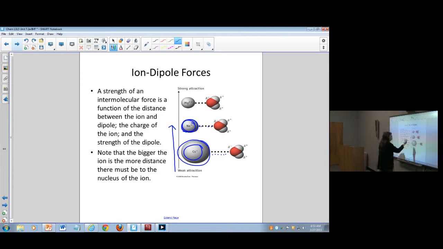It's also stronger with magnesium, which is in group 2 and period 3. It's a little bit smaller, and it can get even closer to the water molecule. So ion dipole forces increase with decreasing size. It gets stronger with a smaller size.